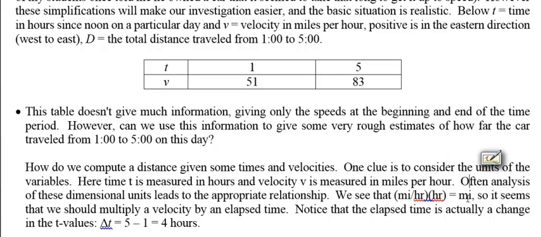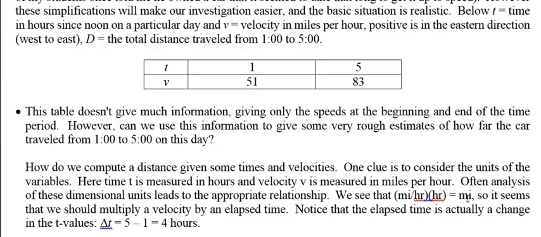Oftentimes analysis of the dimensional units, sometimes called dimensional analysis, can help lead to the appropriate relationship. Notice if you take miles per hour times hours, the hours cancel and you're left with miles. So it seems reasonable that if we multiply a velocity by an elapsed time, then we would compute a distance. And of course that is exactly what happens.